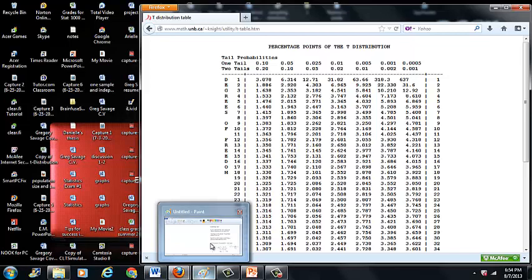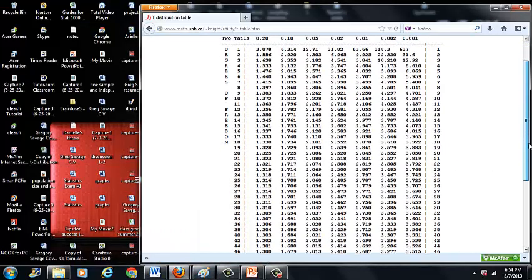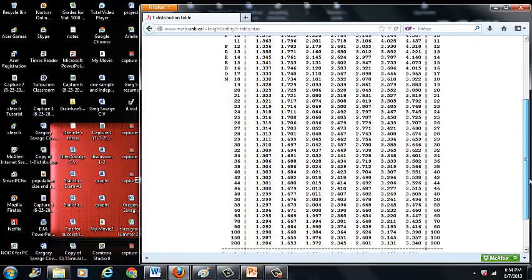Our DF was 99. Let's see if that actually shows up on here. 99 is not showing up, which means we have to actually use the next lower one, which is 80.